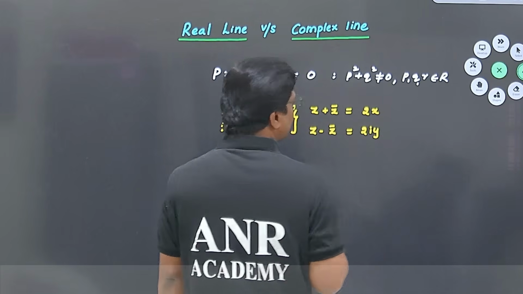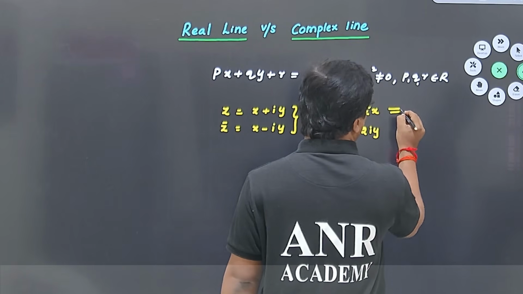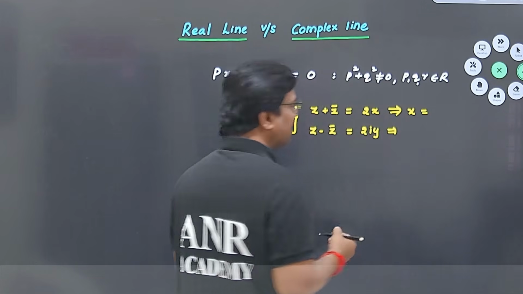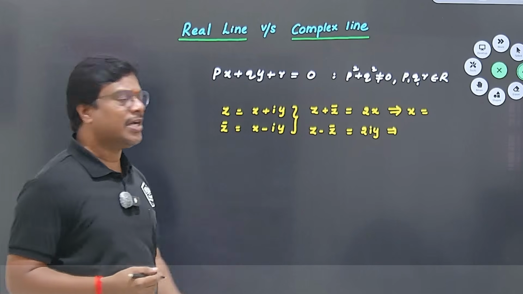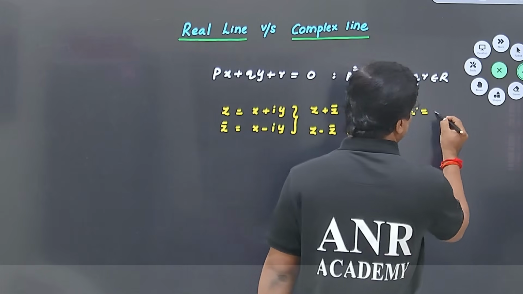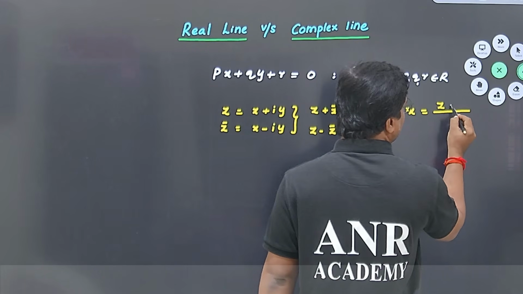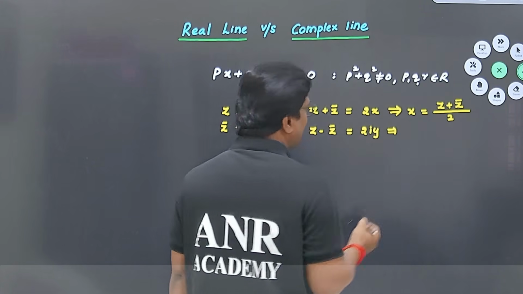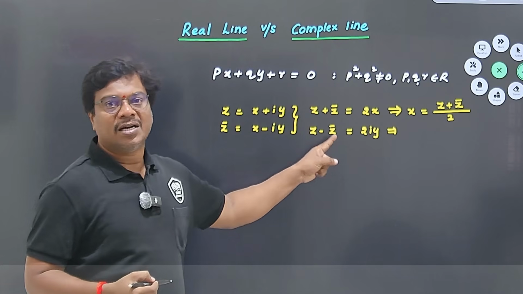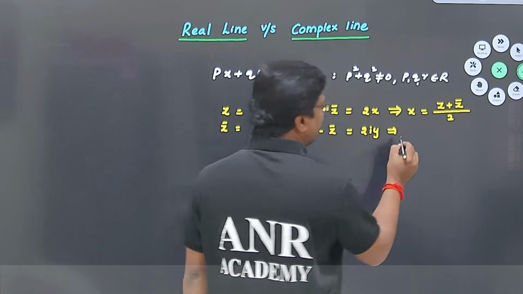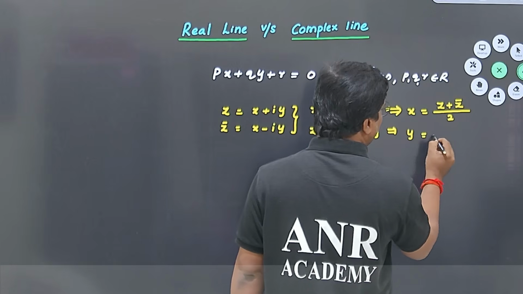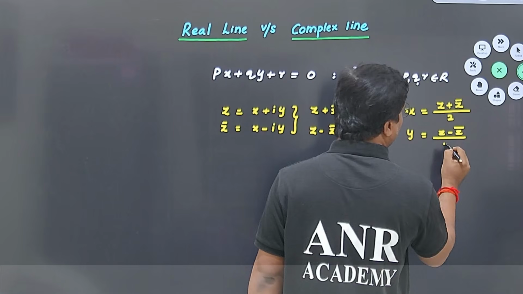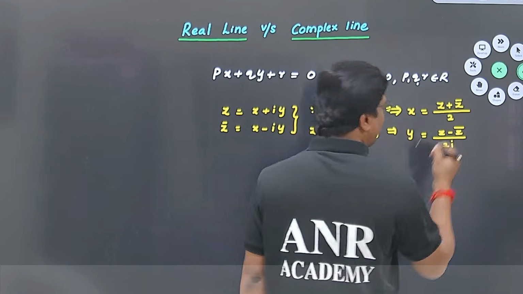So from this you can write the real part of z, that is x, as z plus z conjugate divided by 2, and the imaginary part of z, clearly that is y, as z minus z conjugate whole divided by 2 times iota.